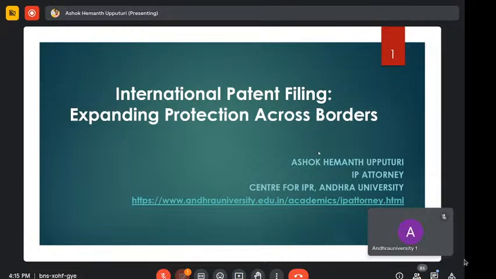You all know that if you want to file internationally, there are two routes available to you. One is the conventional route: if you want to file in one or two countries, you can do the patent filing through the conventional route. But if you want to file in more than 2 or 3 countries, the PCT route is the most economical and time-saving route.